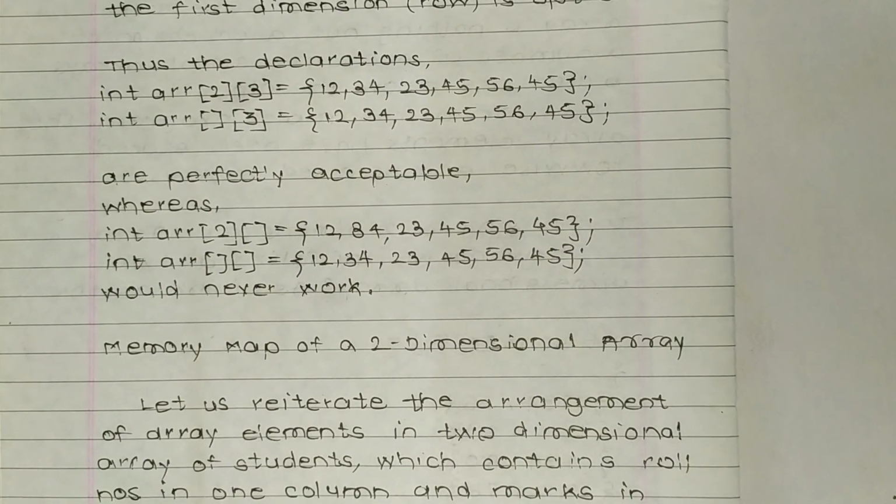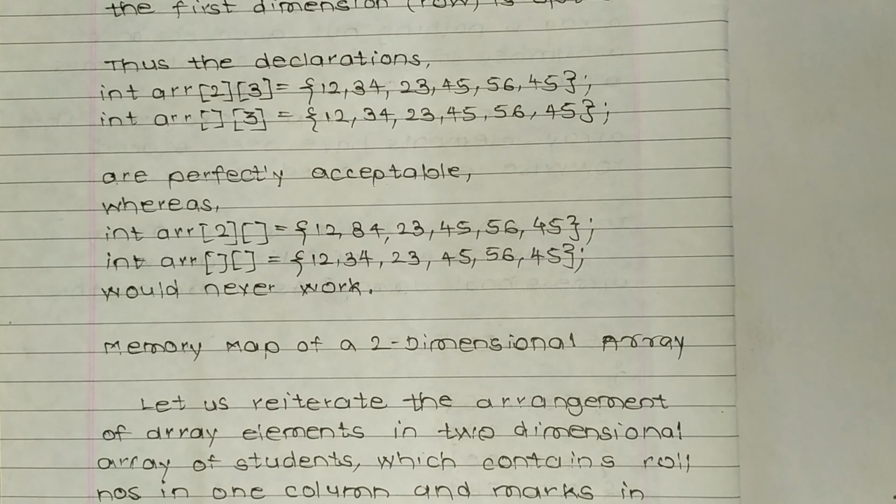Thus the declarations int arr[2][3] = {12, 34, 23, 45, 56, 45} and int arr[][3] = {12, 34, 23, 45, 56, 45} are perfectly acceptable, whereas int arr[2][] = {12, 34, 23, 45, 56, 45} and int arr[][] = {12, 34, 23, 45, 56, 45} would never work.